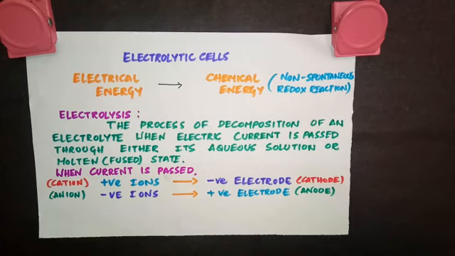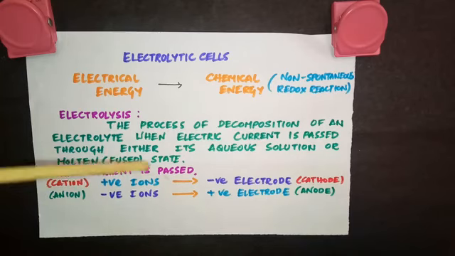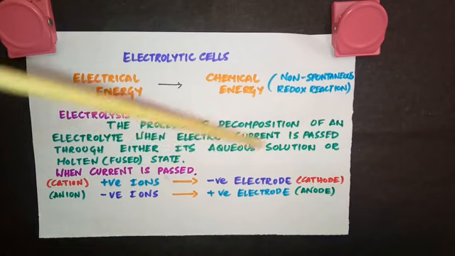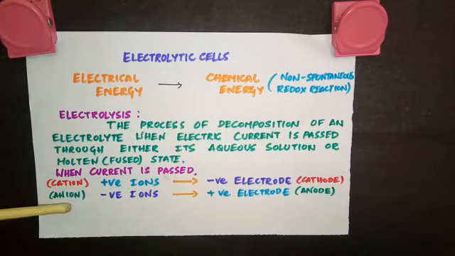An electrolyte has two types of ions, cations and anions, positive ions and negative ions. When the current is passed, cations move to the negative electrode, which is called the cathode. The negative ions, called anions, move to the positive electrode, which is the anode. Now let's see in detail how this process is happening.